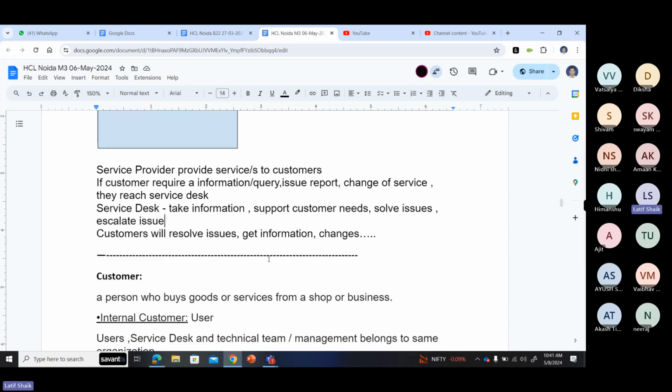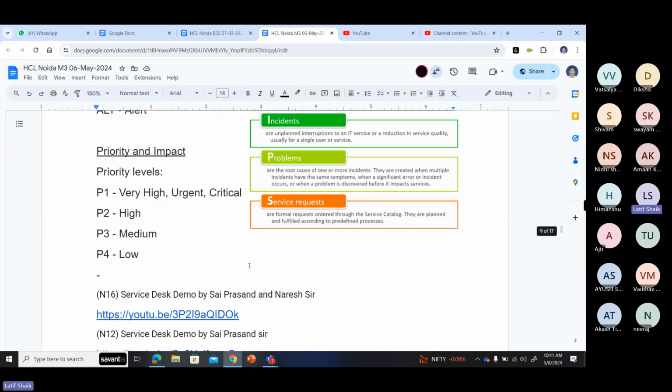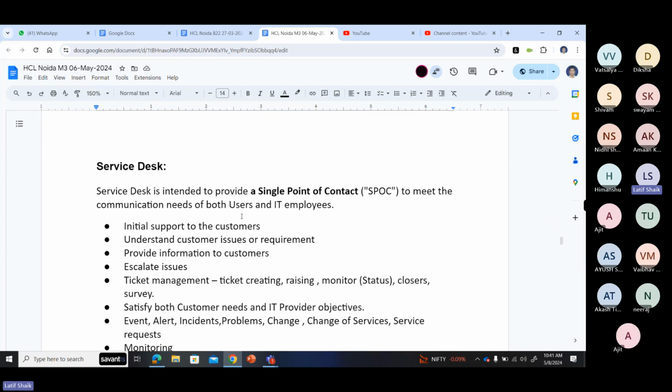The service desk is not just any thing. It is a SPOC, a single point of contact between the users, meaning user, customer, or client, and the IT employees. Who are these IT employees? The IT employees in the service desk. The service desk has different teams.